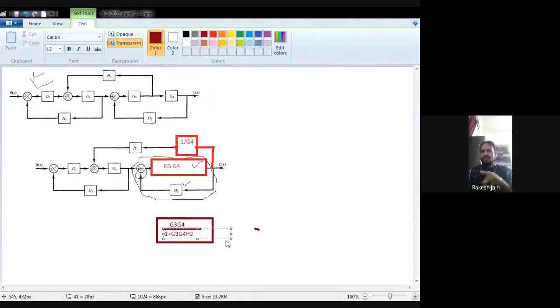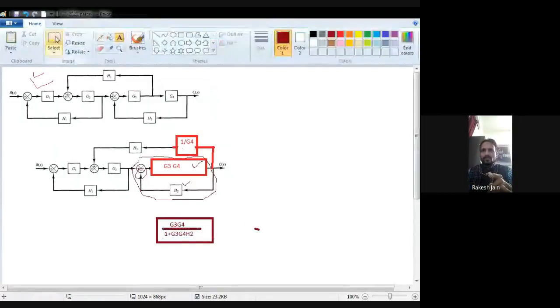So what is the formula? What is the rule? The rule is just remove that feedback loop, and instead of the total blocks write down the rule such that forward gain G3 G4 divided by 1 plus or minus.